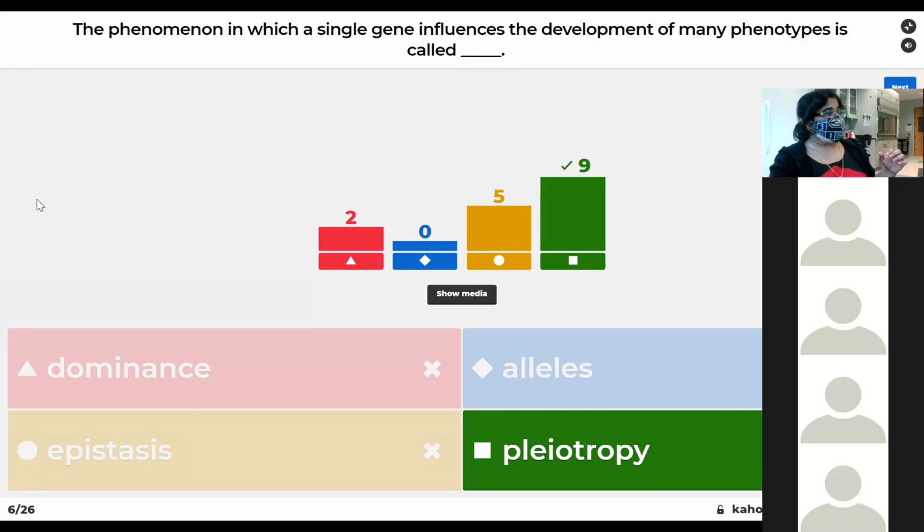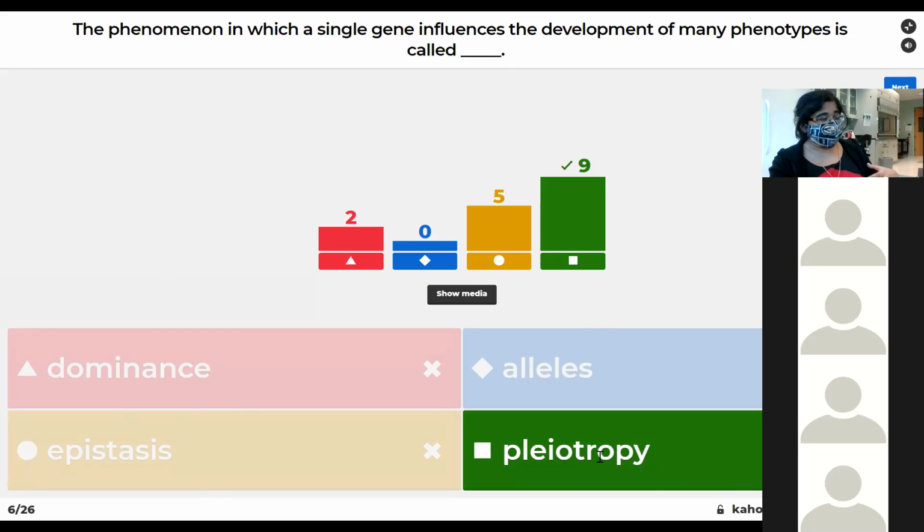Yes, but in this case, epistasis does affect the phenotype as well. However, it's one gene masking one other gene, not giving rise to many different phenotypes. We're just sticking to one phenotype in the case of epistasis.